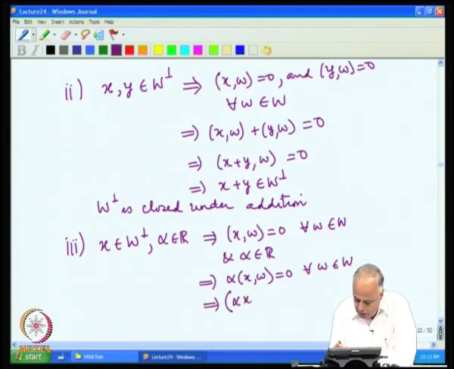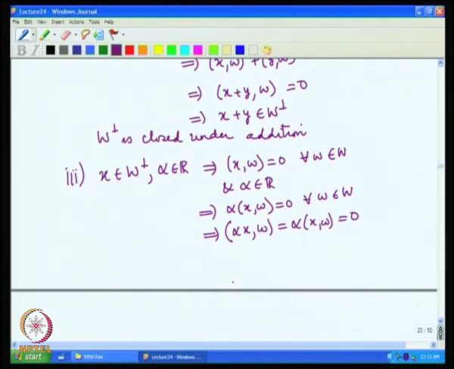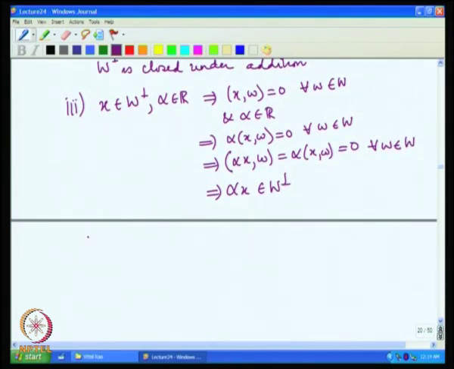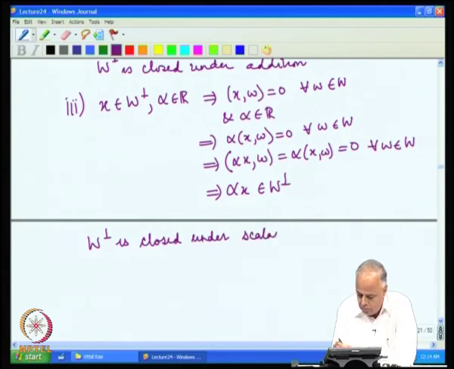So, <alpha x,w> is the same as alpha <x,w>, and that is 0 from the previous step. So, alpha x is orthogonal to every w in W, and therefore, alpha x belongs to W perp. Therefore, W perp is closed under scalar multiplication.